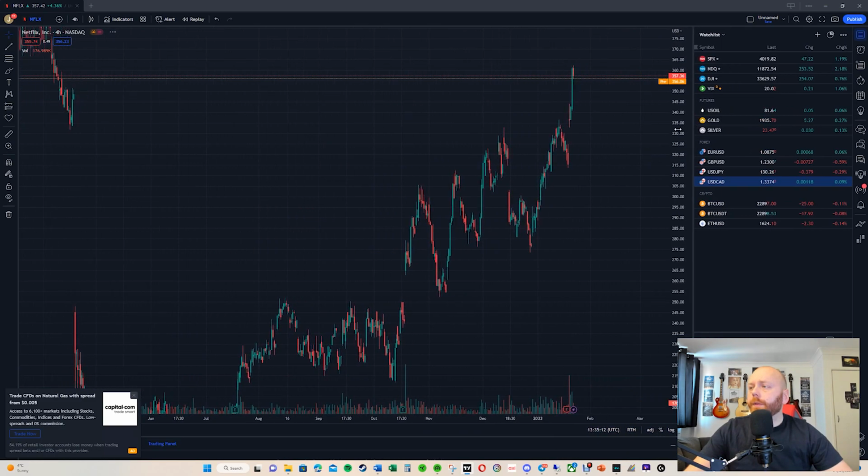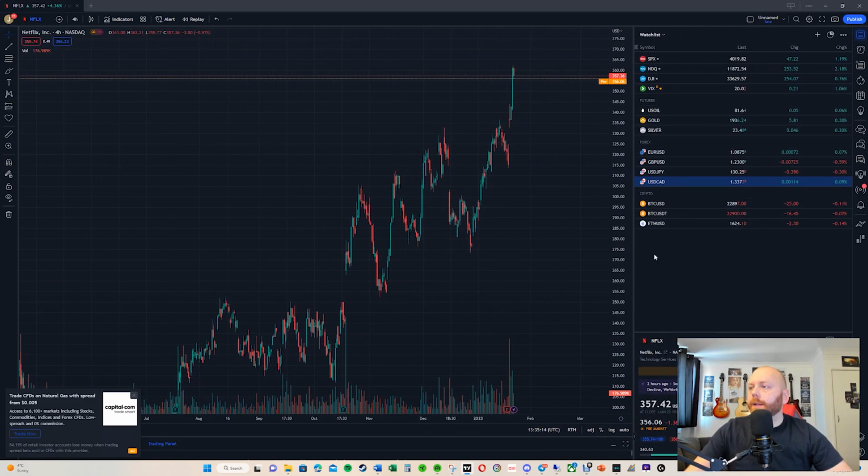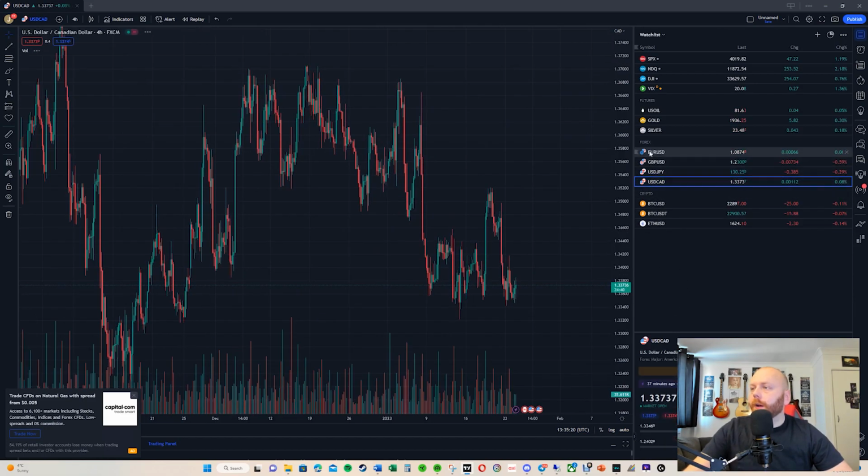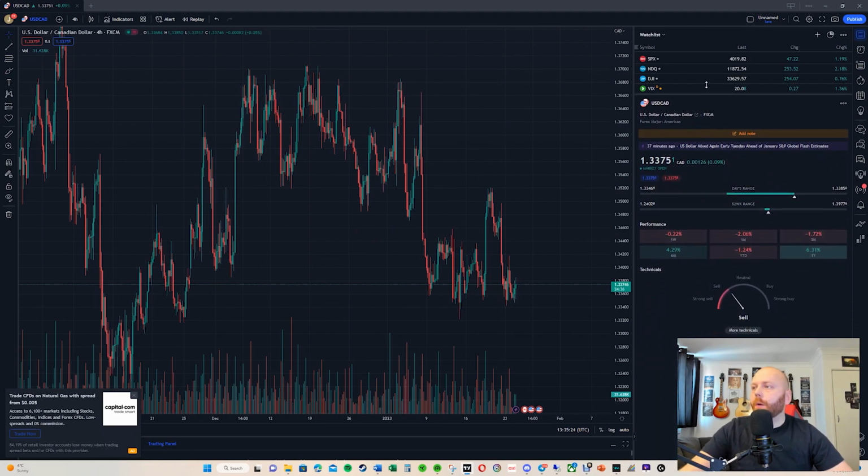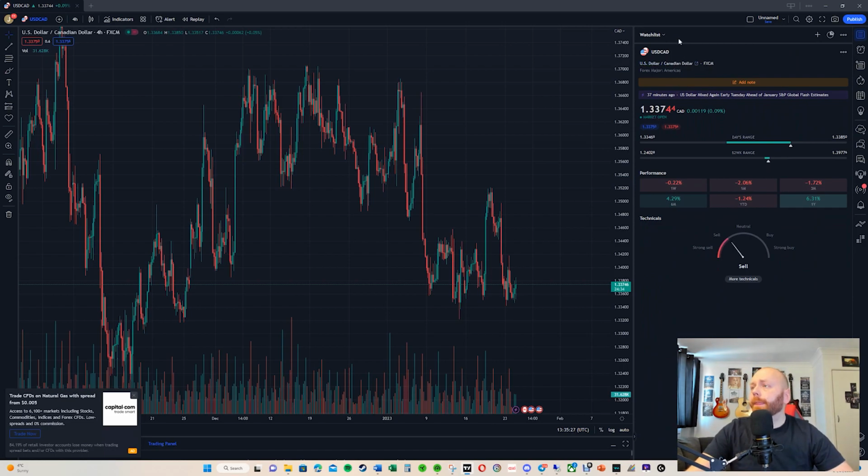Now that we've looked at how to add and change things in your watch list, there is this tab down the bottom. Now, for instance, if we click on USD CAD, I can drag this tab up from the bottom past my head so you can see it, and it just gives you some basic information. It will give you any news that's come up recently.